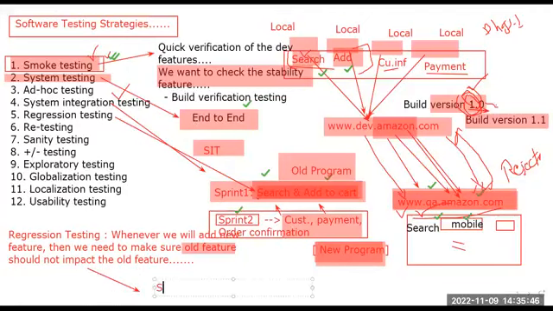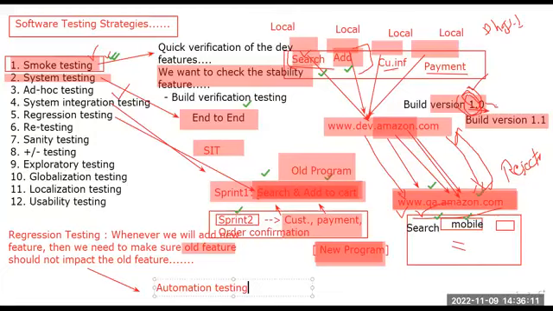They are majorly going to focus on regression testing. Regression testing is done by both manual and automation test engineers, but majorly our automation testers help us make sure the old feature is not impacted and is still in working condition. So that is regression testing.